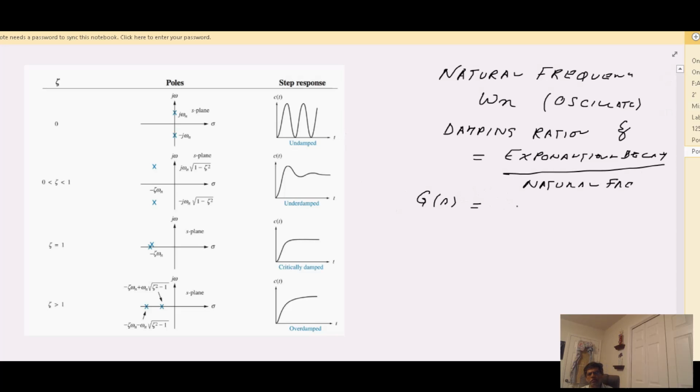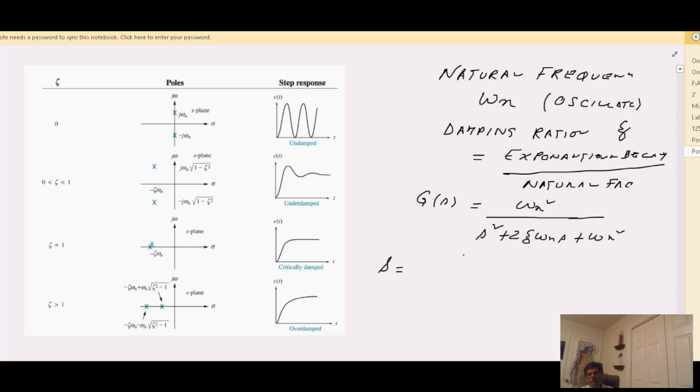G of s is equal to omega n squared over s squared plus 2 zeta omega n s plus omega n squared. Well, in order to find the poles of the system, the transfer function must go to infinity. That means the denominator must be set equal to 0, and here we can apply the quadratic formula to find the roots of this equation.